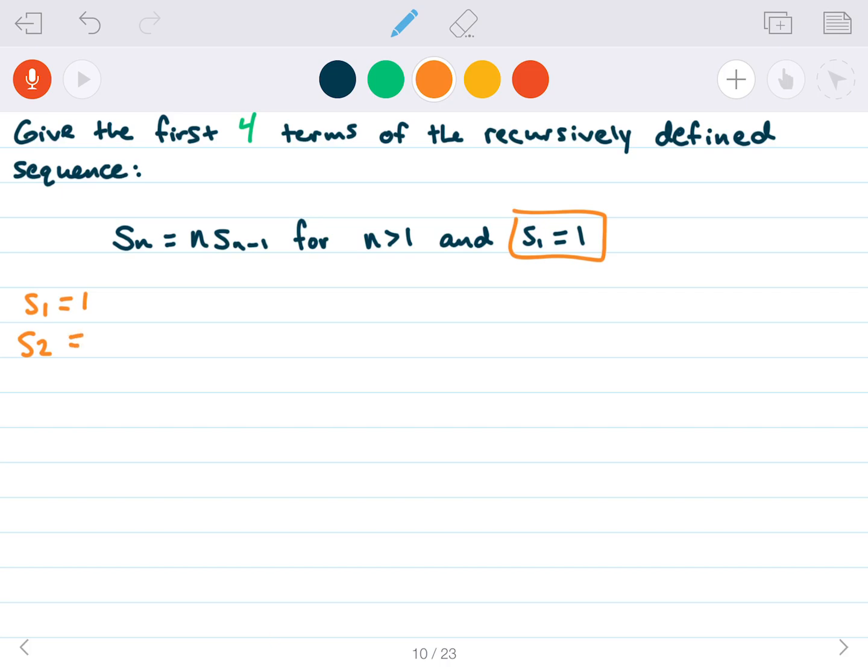S sub 2, if we follow this formula and plug in 2 for n, we get S sub 2 is equal to 2 times S sub 2 minus 1. I'm just plugging in 2 anywhere I see an n. And this simplifies to 2 times S sub 1. Well, we know what S sub 1 is. S sub 1 is 1. So this is just 2 times 1, which is 2. Therefore, S sub 2 is equal to 2.